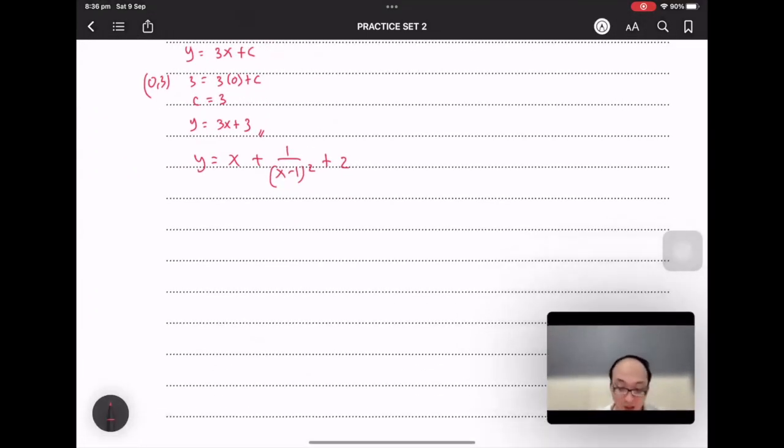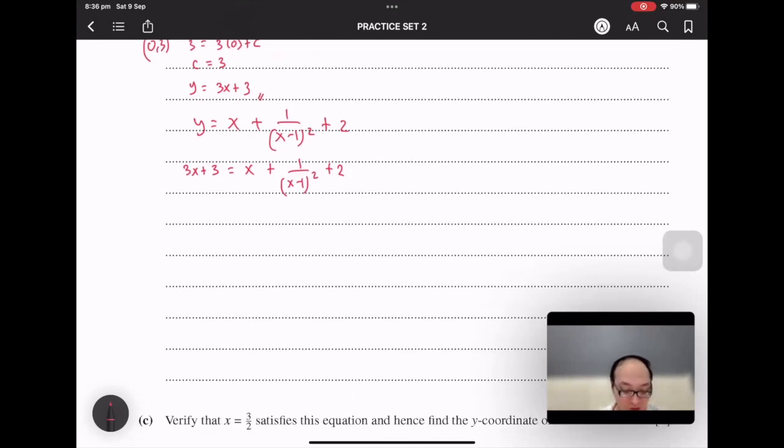And we have to equate. So 3x + 3 = x + 1/(x - 1)^2 + 2. So simplify into 2x - 1 + 1/(x - 1)^2 = 0.